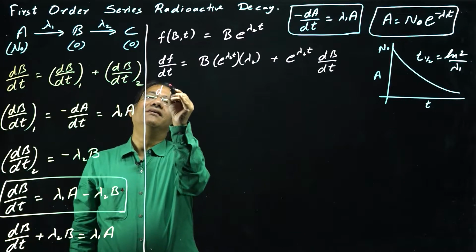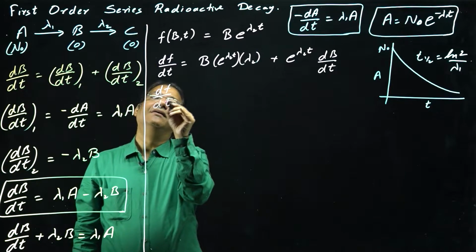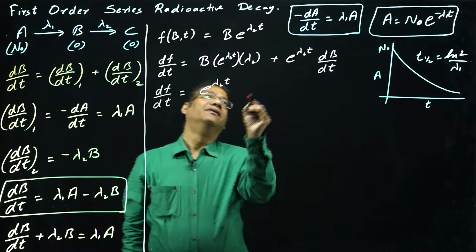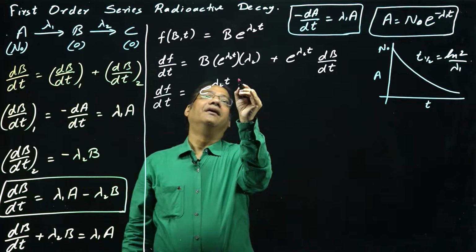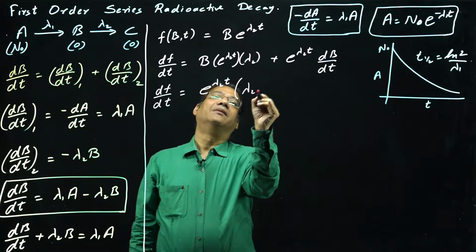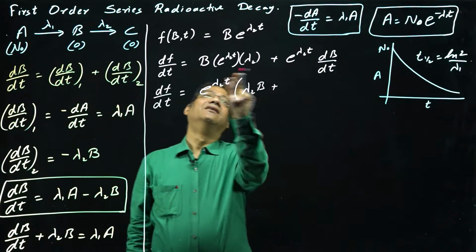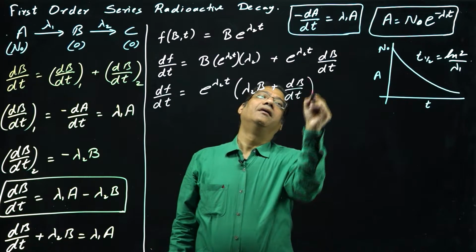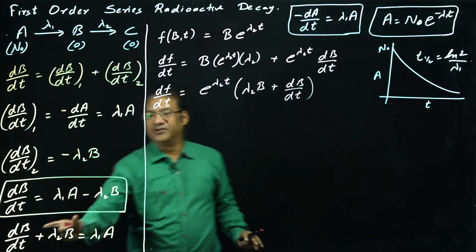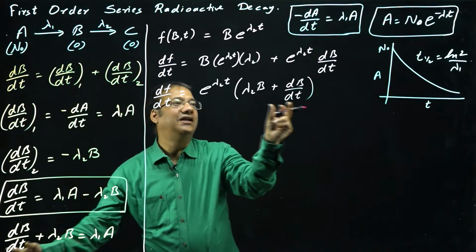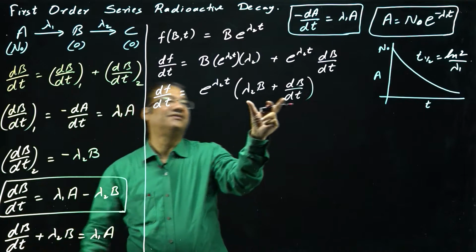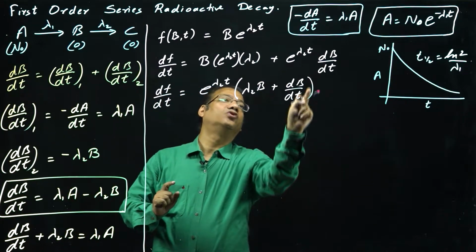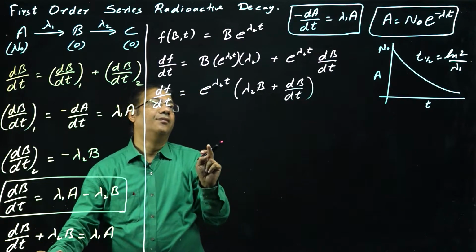I'll simplify it. df/dt is equal to e^(λ2 t), which is the same throughout. In the bracket, I'll be left with λ2 b + dB/dt. Now observe this: dB/dt + λ2 b. I can see this term here, and I can substitute the value of this λ2 b + dB/dt here. How?